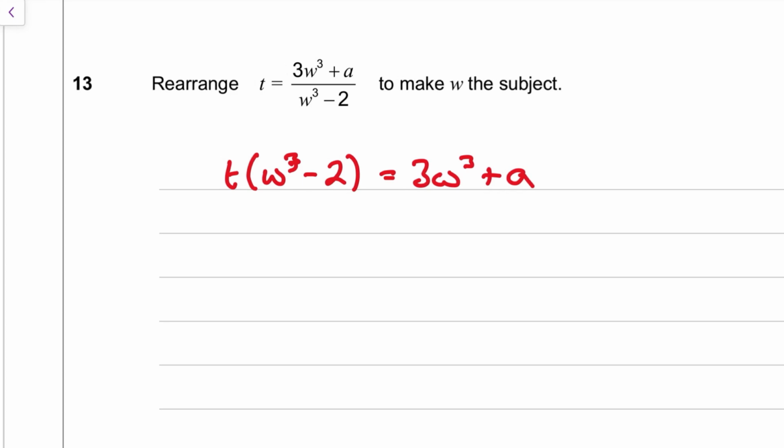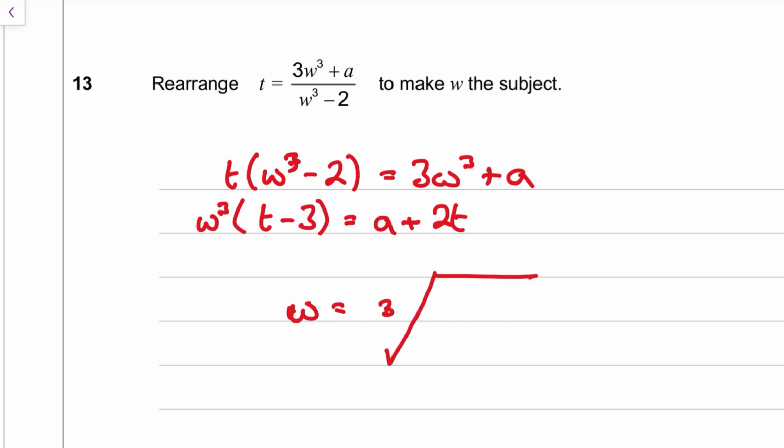So that's going to give me w cubed t from this one on the left minus 3 from the one on the right is equal to a plus 2t. Always a bit risky doing too much in one go, but it's an exam, so I'm doing it for speed. So w equals the cube root of a plus 2t over t minus 3.